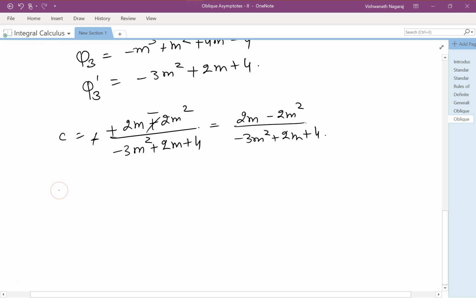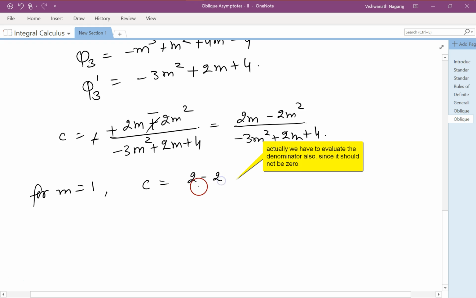Okay. Now what we are going to do is, this is the expression for the intercept. We are going to substitute the values of m to get the intercept for the respective slopes. Okay, so for m equal to 1, c is equal to 2 minus 2. See, the moment we do that, we don't have to evaluate the denominator.